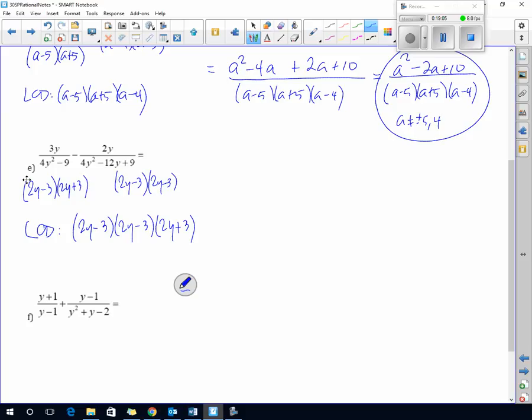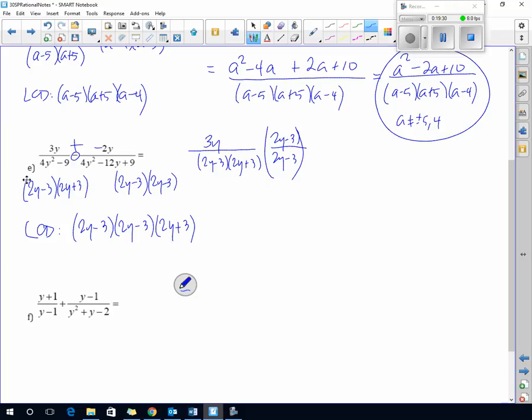So 3y over 2y minus 3, 2y plus 3, and that's going to be multiplied by 2y minus 3 over 2y minus 3, plus minus 2y over 2y minus 3 squared.